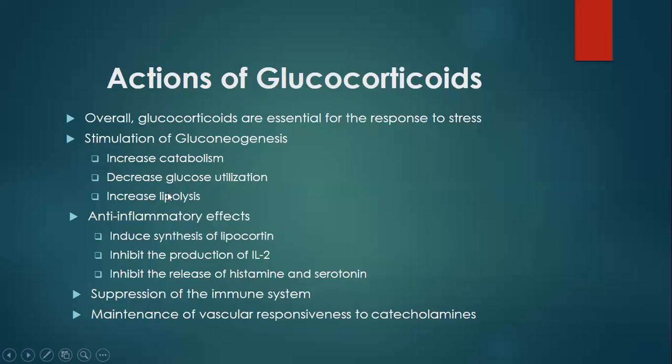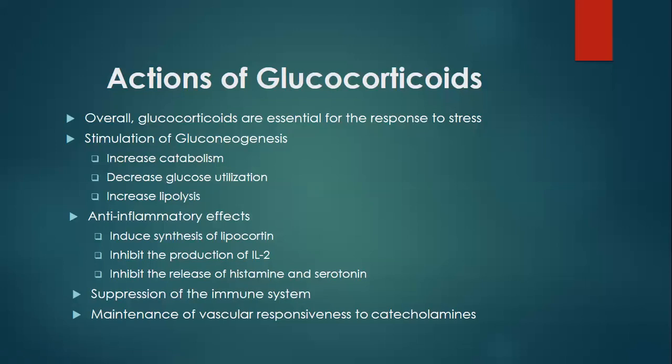Another action of your glucocorticoids is this anti-inflammatory effect. Your glucocorticoids induce the synthesis of lipocortin, which is an inhibitor of phospholipase. So lipocortin inhibits phospholipase A2. Phospholipase A2 is the enzyme that liberates arachidonate from membrane phospholipids, providing the precursor for prostaglandin and leukotriene synthesis.